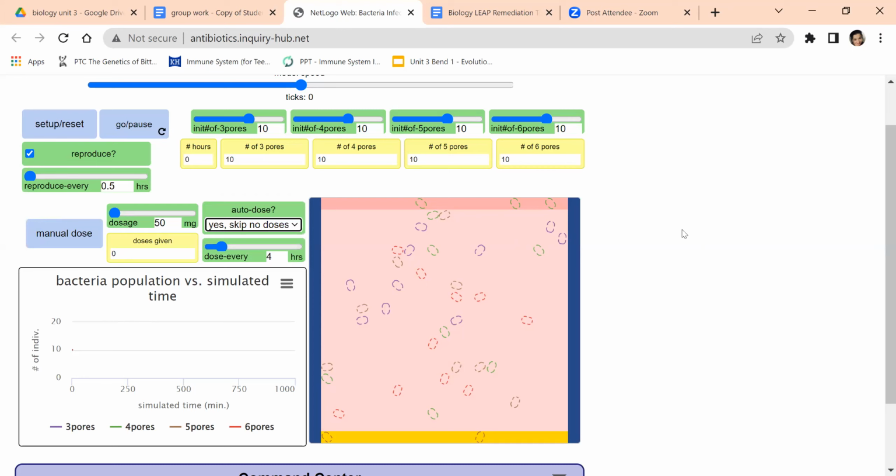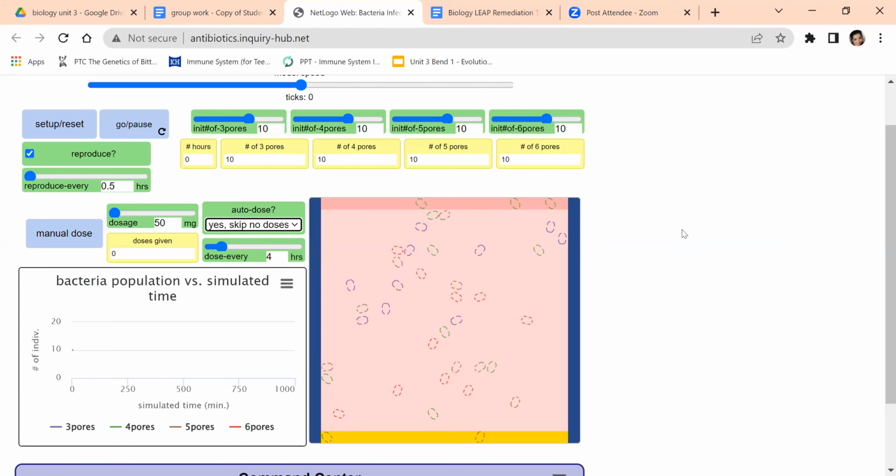And we're just gonna let this simulation go so you can see what happens when a person is sick and they have a bacterial population that has a little bit of variation in it, where some of the bacteria are a little more resistant to the antibiotics and are able to survive better just because of different variation that they have, like having less pores in their cell membrane, like the purple ones and the green ones, as opposed to the red and the brown, which have more pores in their cell membrane.